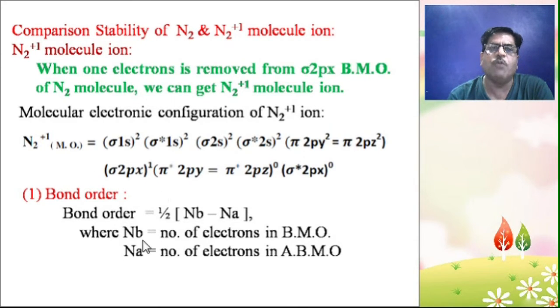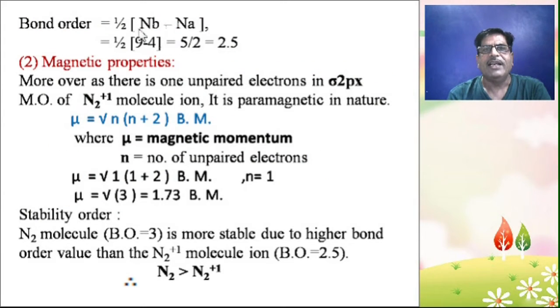So what is the bond order? Here 1 electron is less in BMO. So now let's calculate the bond order. Bond order is equal to 1 by 2 of Nb minus Na, where Nb is the number of electrons in BMO and Na is the number of electrons in ABMO. Now Nb, the number of electrons in BMO, is 9 in total.